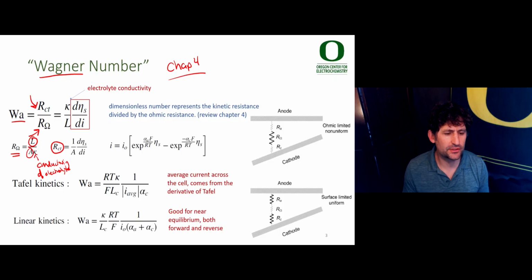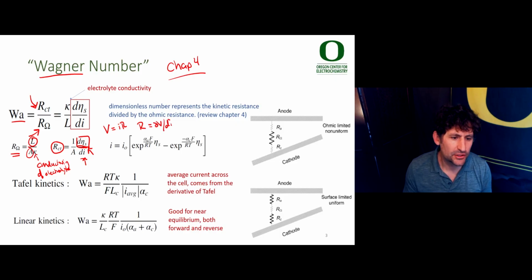The charge transfer resistance can be written very simply as the differential of the overpotential with respect to current. How much voltage does it take to increase the current? This is the same definition as in Ohm's law, V equals IR, where R equals dV/dI. This one is normalized to the area of the cell.